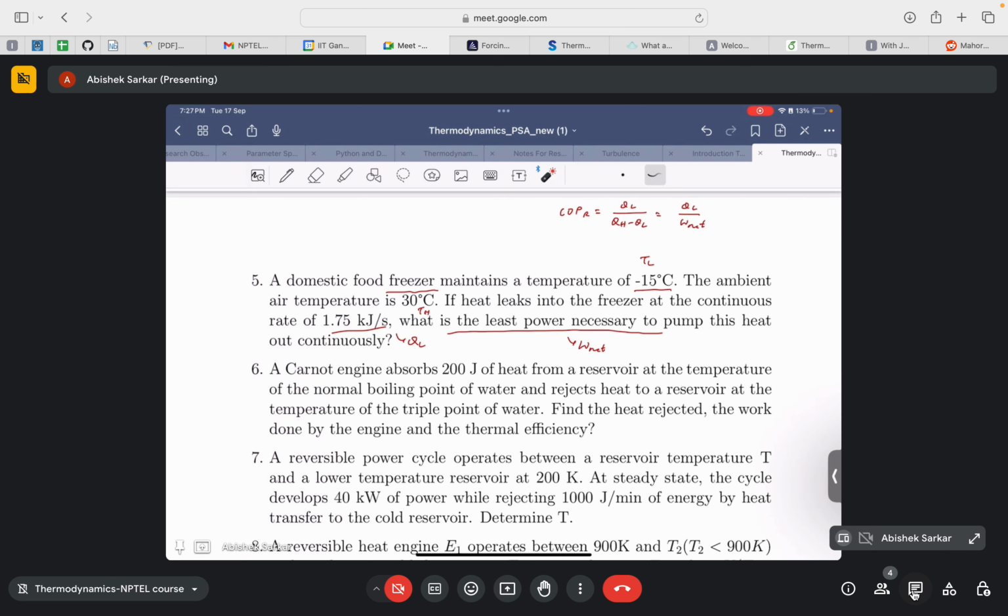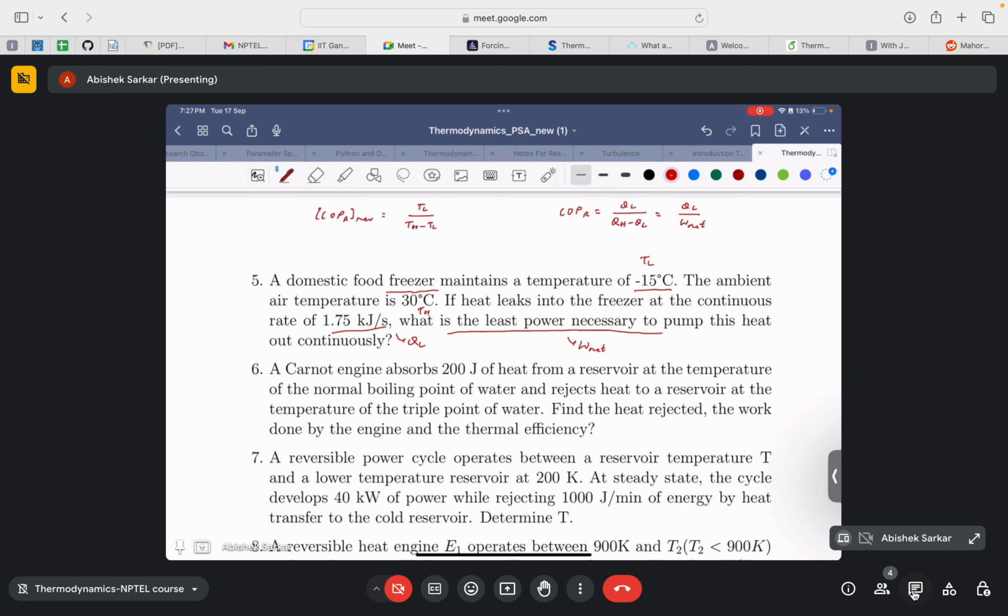So let me give one more hint. The least power requirement would be in the case of a reversible refrigerator, right? So COP reversible, you can find out, right? Because you are already given the temperatures of the source and the sink. So it would basically be TL by TH minus TL.